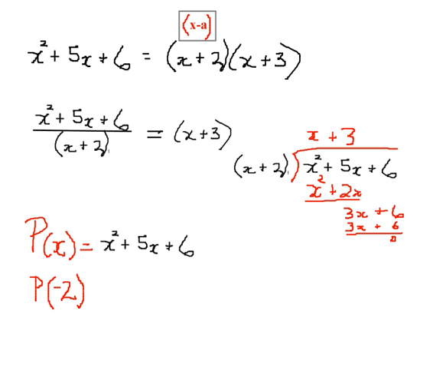So let's just do a little bit of that arithmetic here. I get -2 squared, and I get +5 times -2, and I get +6, which is +4 minus 10 and +6, that's 0, which is pretty cool because it relates to what we know about the factor theorem and the remainder theorem.